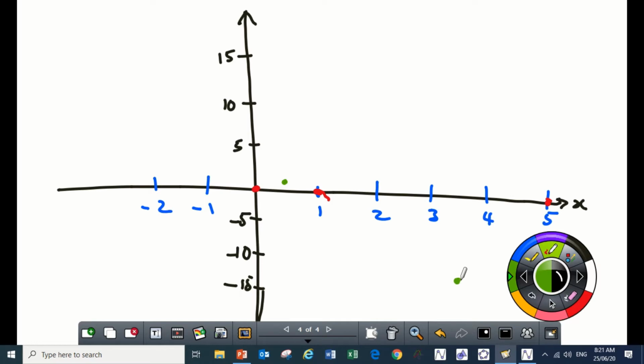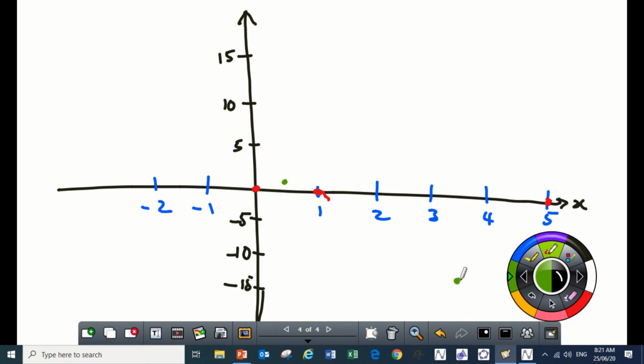The moment you plot the x-intercepts and the turning points, before you sketch the graph, you must determine the shape first. Remember, the shape says you must start with the maximum first, then the minimum. So this point here is where the maximum turning point is going to be, and this point here is where the minimum turning point is going to be.